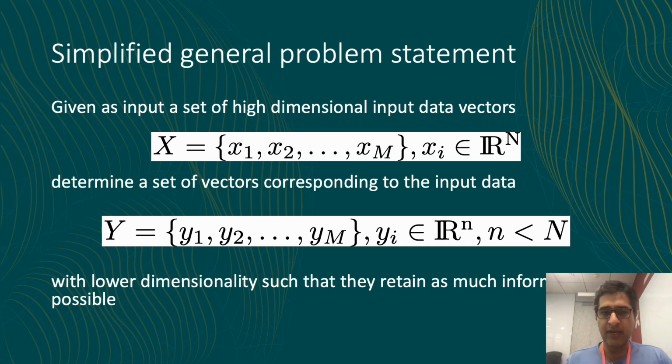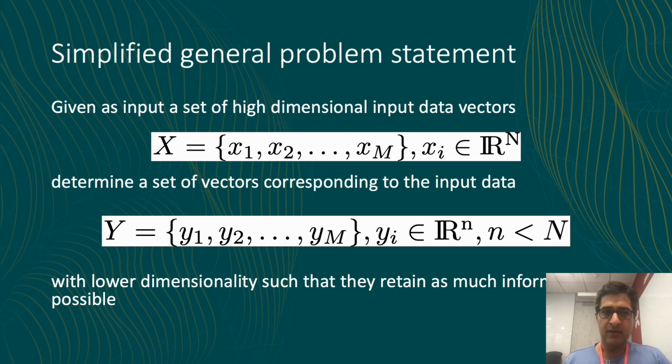And what you're trying to do is create a mapping for each of these high-dimensional data points X to a Y. Y is in a small n-dimensional space, where small n is much smaller than capital N. But we want to make sure that the mapping from X to Y follows certain rules, so that the structure overall is maintained in going from X to Y.